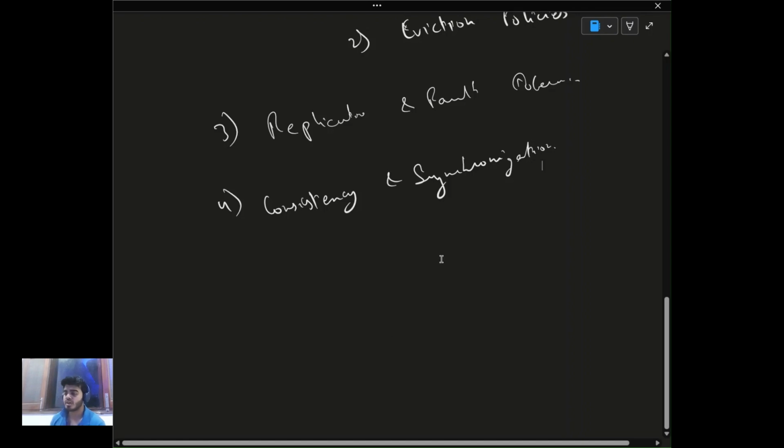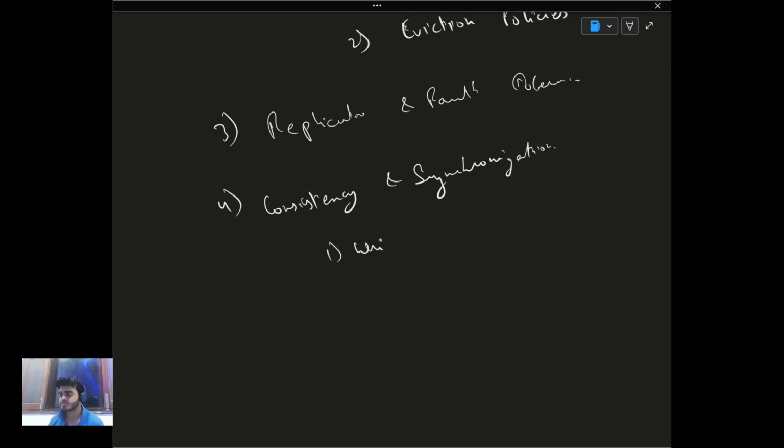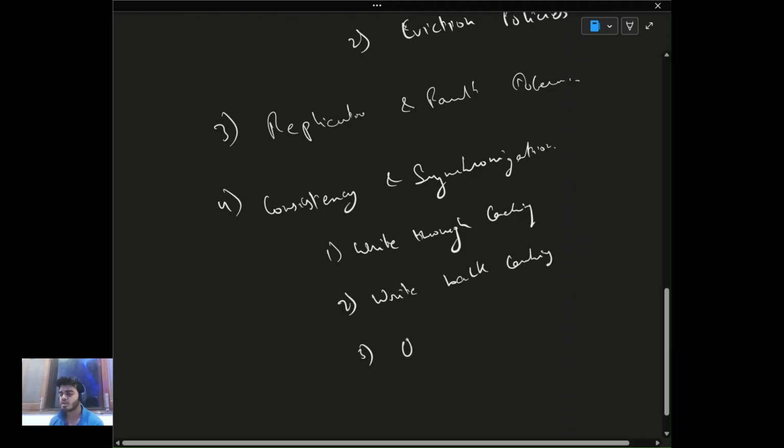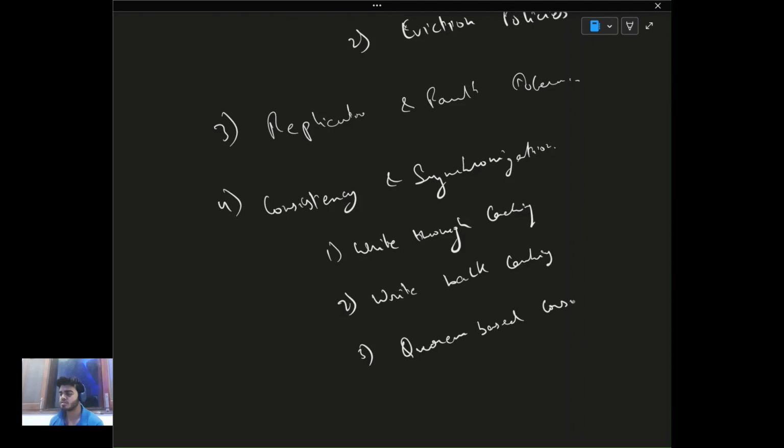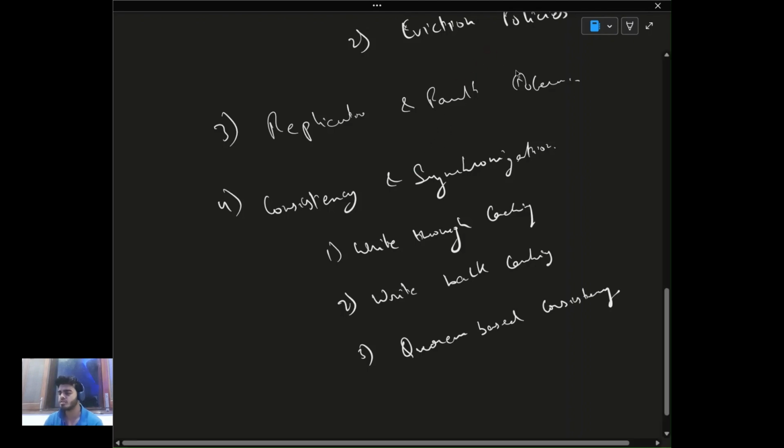So we use write through caching, another way is write back caching, and the last one is quorum based consistency. Now, what does this mean and how do they work?